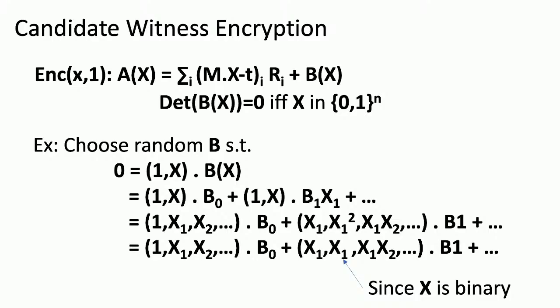Which means that all of the coefficients on the right-hand side, if I take the coefficient of x1x2, has to be 0, and so forth. That just gives me a bunch of linear constraints on these B matrices. So I can just solve that linear system. I can compute a random B solution to that linear system. And what is that going to spit out? It's going to spit out exactly an ADP with this property, at least with high probability.